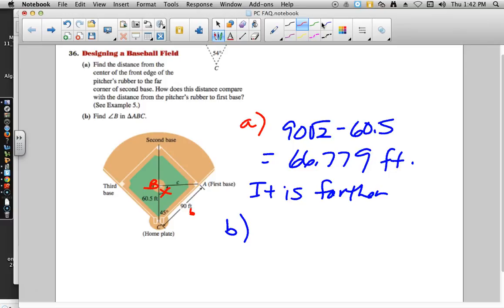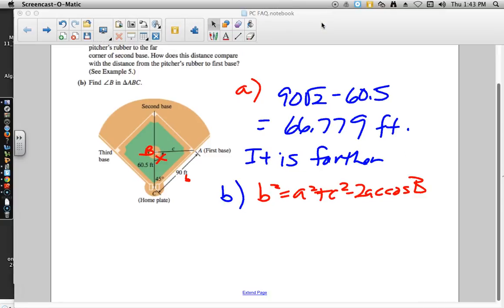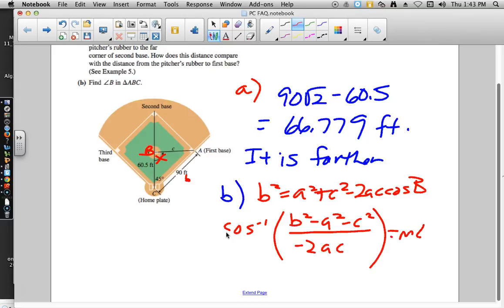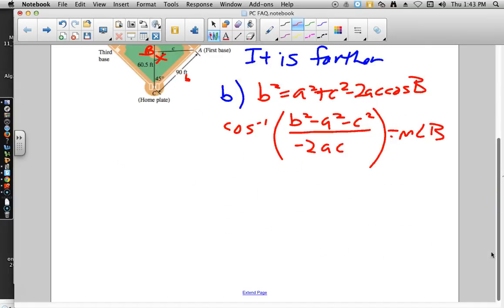And we would need to use B squared equals A squared plus C squared minus 2AC cosine of angle B. All right, let me get this formula solved for that cosine of B piece there. I want to make sure at the end that I'm taking the inverse cosine of B squared minus A squared minus C squared all over -2 times A times C to get the measure of angle B. So now let's go put some numbers in here and see what happens.